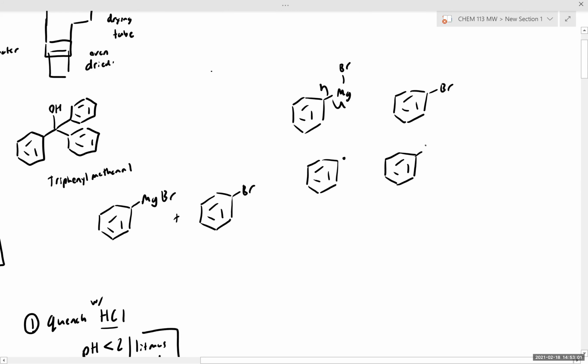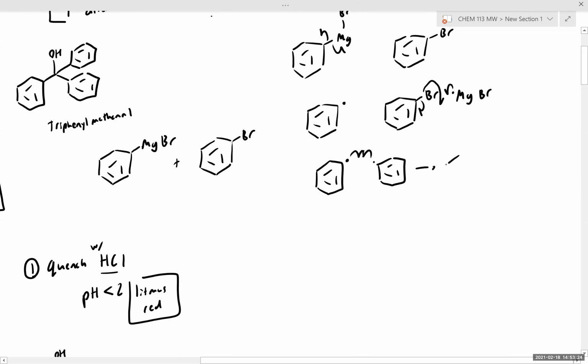From here, your alkyl halide can react with the magnesium radical, and then your two alkyl radicals can couple. That's one plausible method to generate biphenyl.